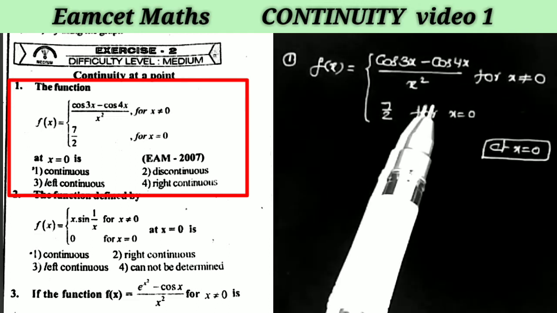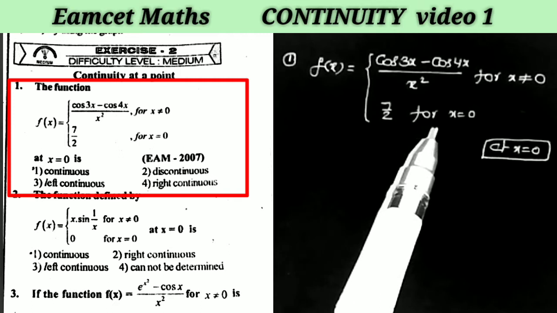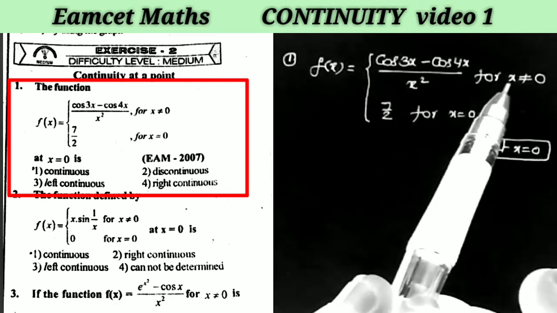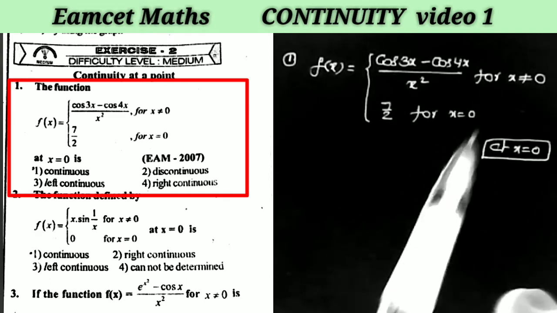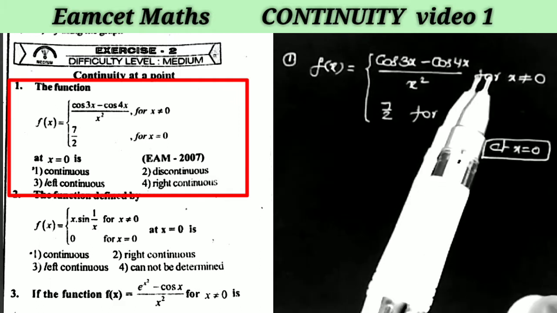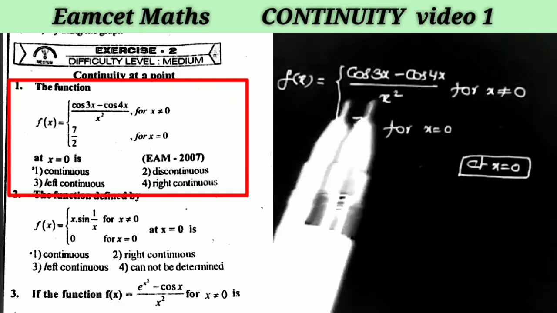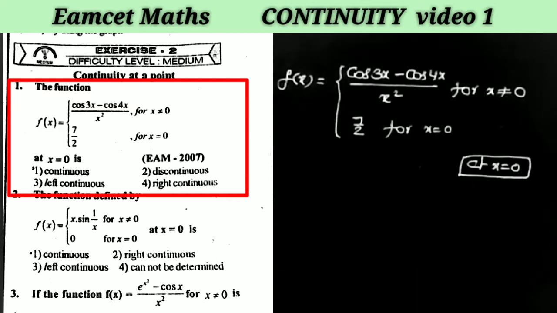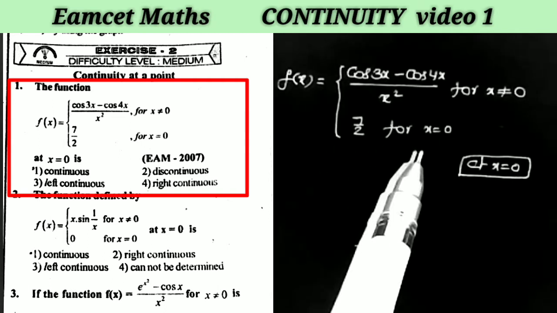We don't need to check the third and fourth conditions. We have to check only whether it is a continuous function or discontinuous function.